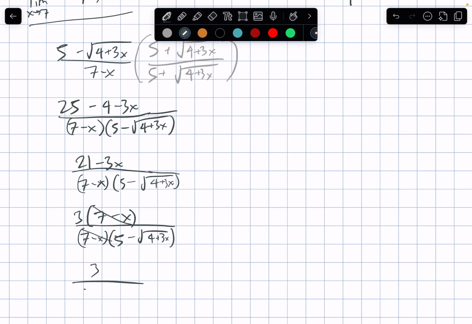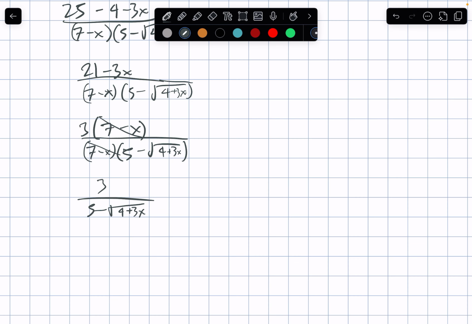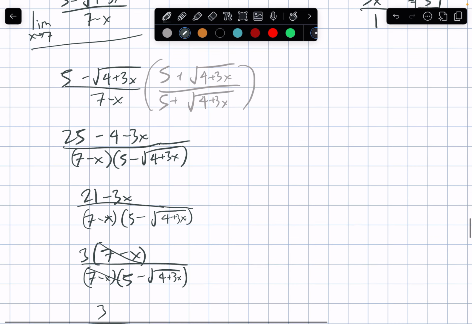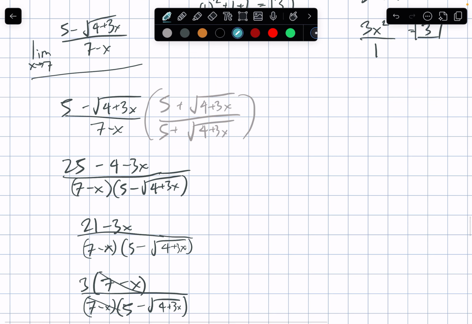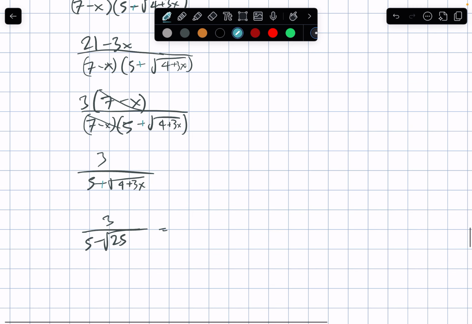Cancel. And then start substituting. x is 7, right? So 3 times 7, that's 21, plus 4, 25. Square root of 25. Well, in this case, one careless mistake: you multiply both sides with a plus, right? Why did I write minus? Avoid that mistake. So we're going to have basically 3 over 10. That is the answer.